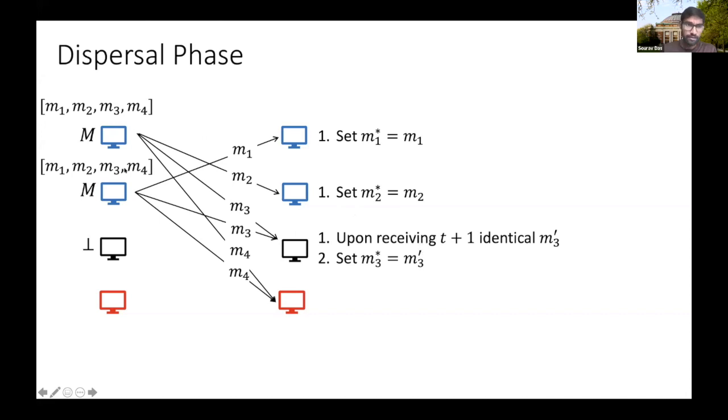The idea is there are at most t bad nodes, and node 3 is receiving t plus 1 identical messages. That means one of the messages is from an honest node. That's why the message m3 star that node 3 sets is a right encoded block. So this is the dispersal phase.